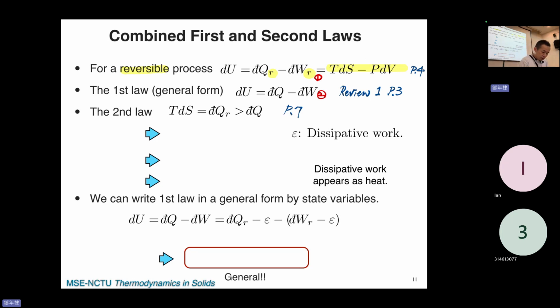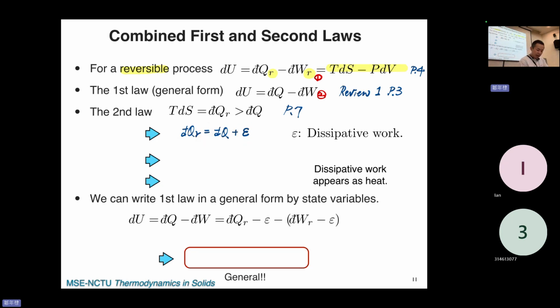Then we can further make TdS equal to d bar Q plus epsilon. What is epsilon? You see, d bar Qr is greater than d bar Q. So if we want to make it equal, we just add something, epsilon, so it will be equal.